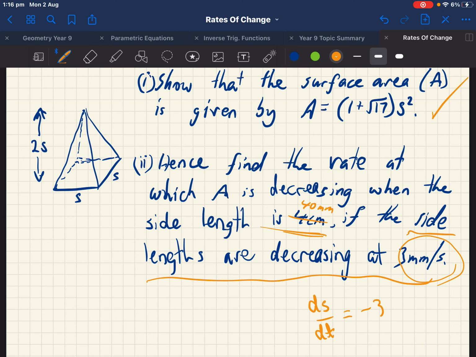We're trying to find the rate at which A is decreasing. And we know the relationship between A and S from part 1. And of course, we're going to let S equal 40 mil.